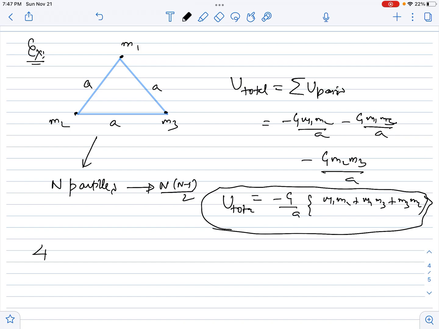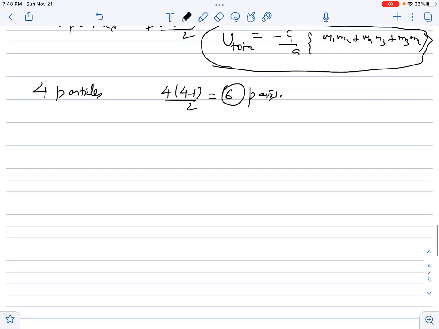For example, if you pick a system of 4 particles, 4 point masses placed at vertices, how many pairs are possible? 4 into (4 minus 1) by 2, that is 4 into 3 divided by 2, which is 6 pairs. Now, what will happen? Let's say I pick a question here, 4 particles.